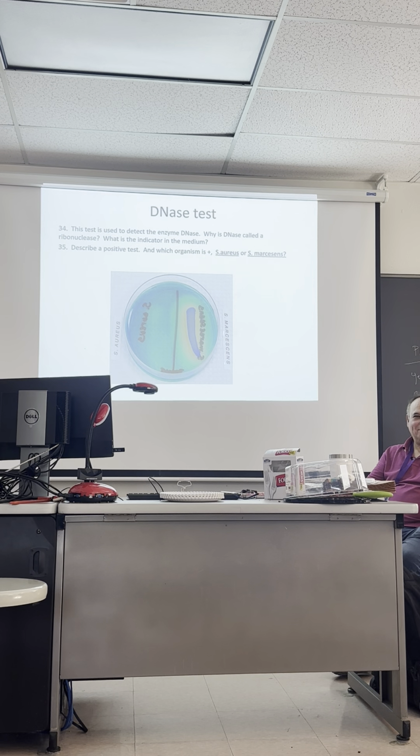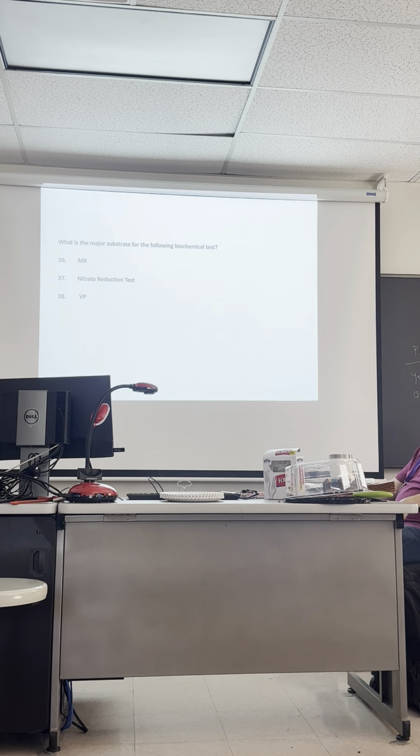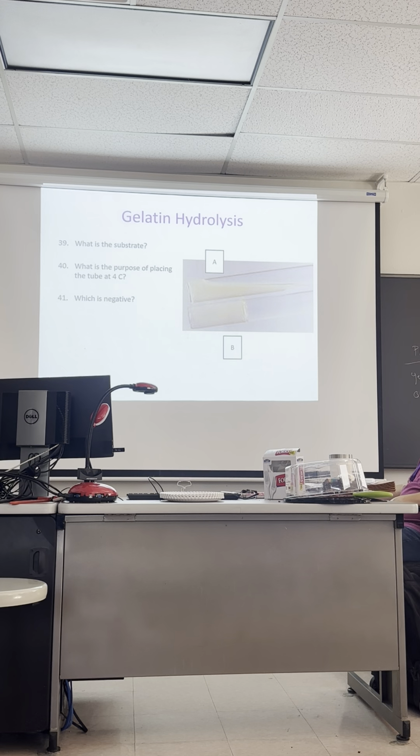Just like that. Okay, so what's the substrate in the MR? Glucose, very good. What's the substrate in nitrate reduction? What's the substrate in VP? Glucose. This is a gelatin hydrolysis test.